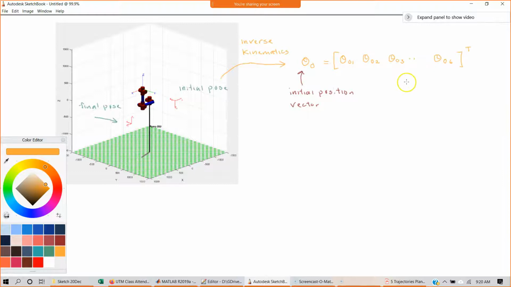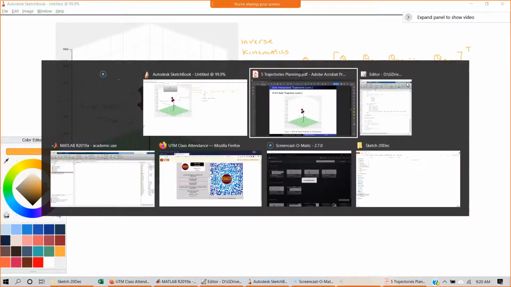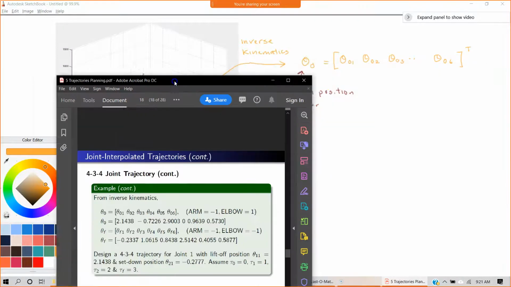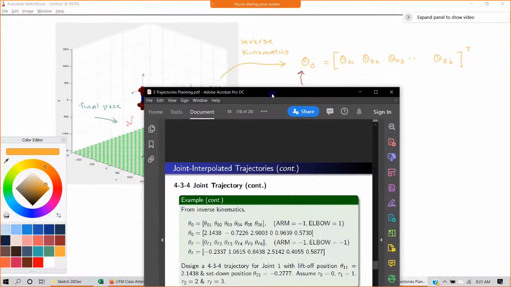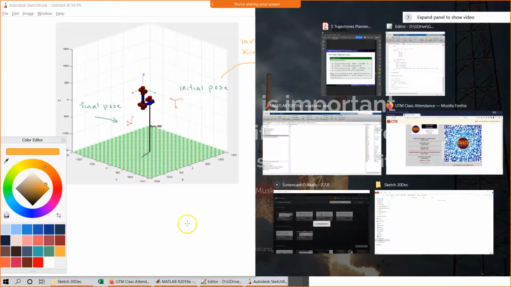And this is exactly given in the question. In reality, you have to compute this. So 2.1438 and so on. Okay, let's just write it quickly.